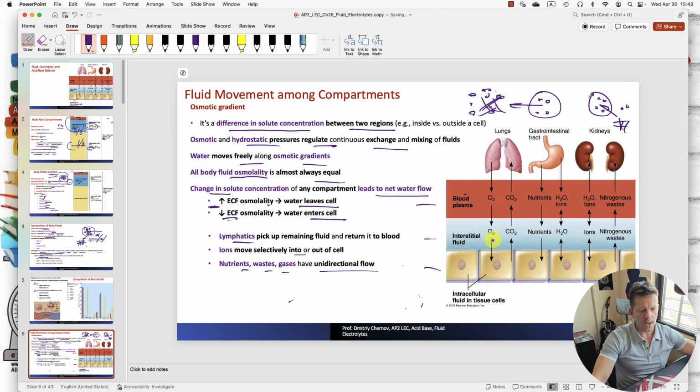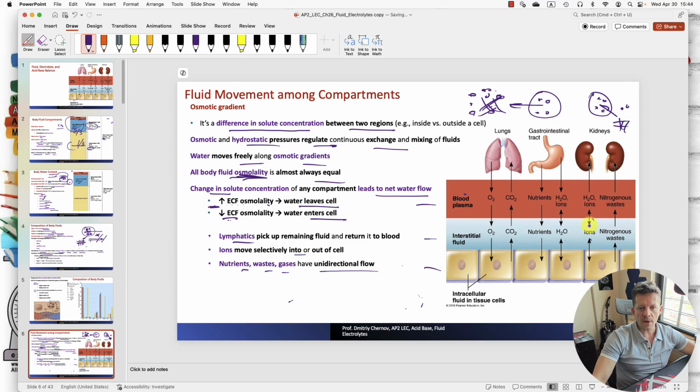Oxygen and carbon dioxide back, nutrients in, and the water and the ions. You see the arrow goes both directions, so the water goes in both directions due to osmolarity. Osmolarity is the concentration of the solutes in a particular compartment, and the water could be attracted to that.